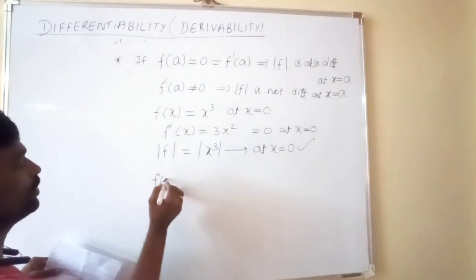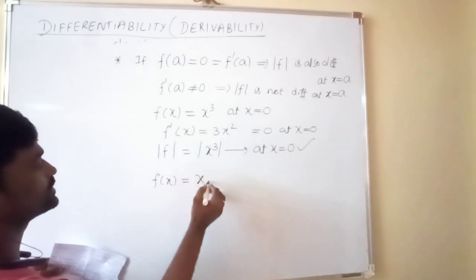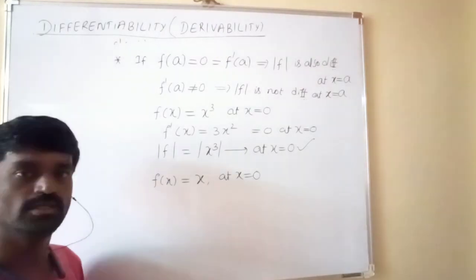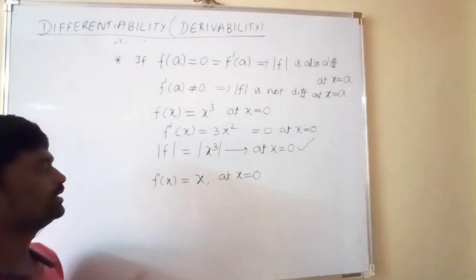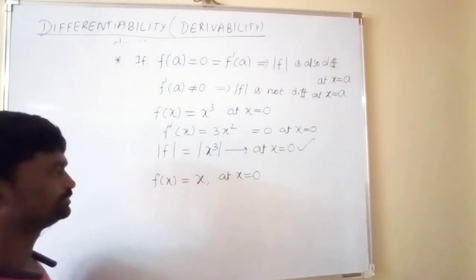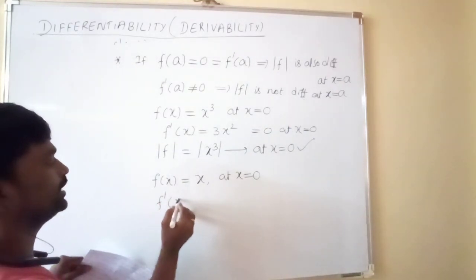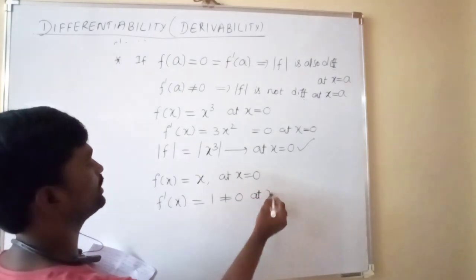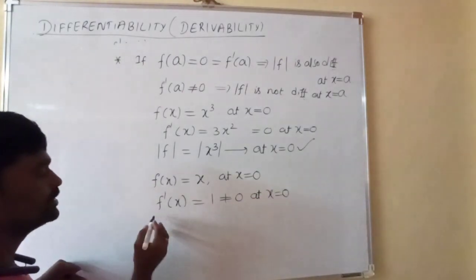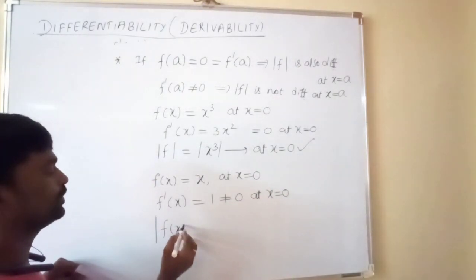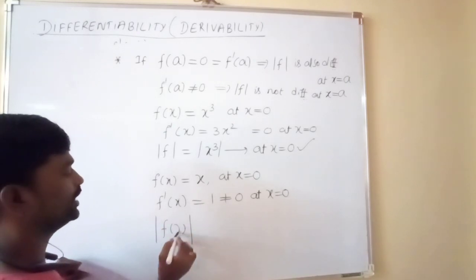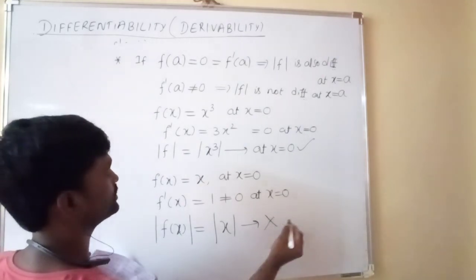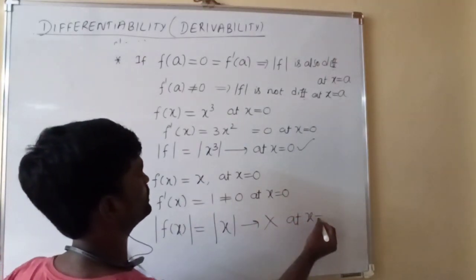Whereas if I take f(x) equal to x at x equal to 0, clearly f'(x) is 1. Is it equal to 0 at x equal to 0? No, it is not equal to 0. So therefore modulus of f(x), which is mod x, is not differentiable at x equal to 0.